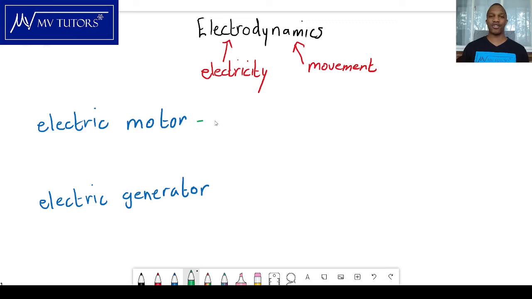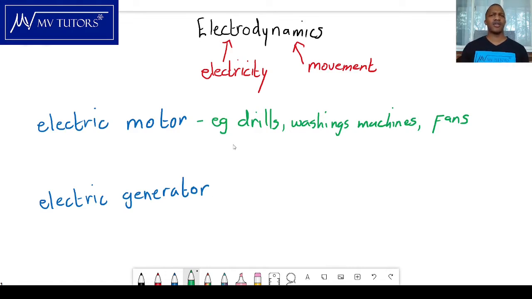When we're talking about electric motors, we're talking about things like electric drills, washing machines, electric fans and all the like, everyday appliances that you plug into the socket, and they need electricity to work. That is what we are talking about when we're talking about an electric motor.